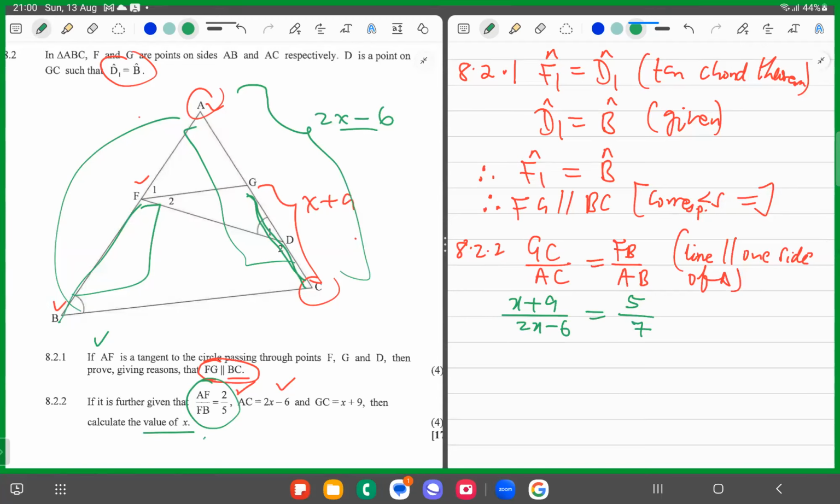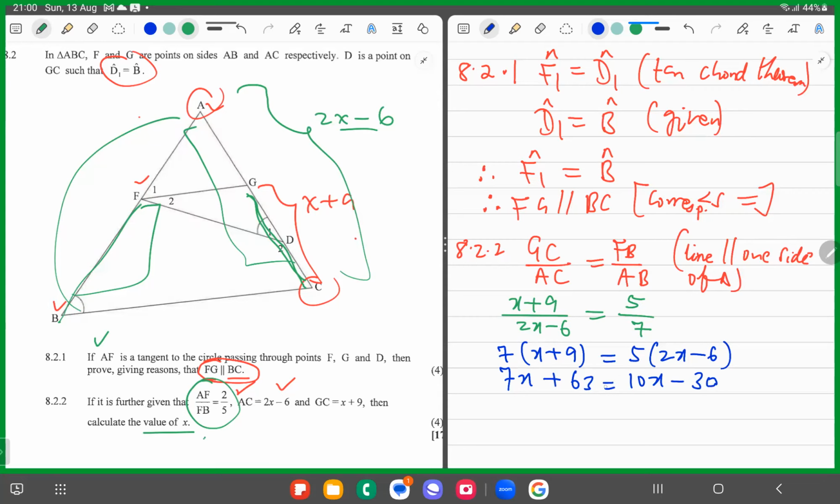So you cross multiply here, which means you have 7 into x plus 9 is equal to 5 into 2x minus 6. 7x plus 63 equals 10x minus 30.